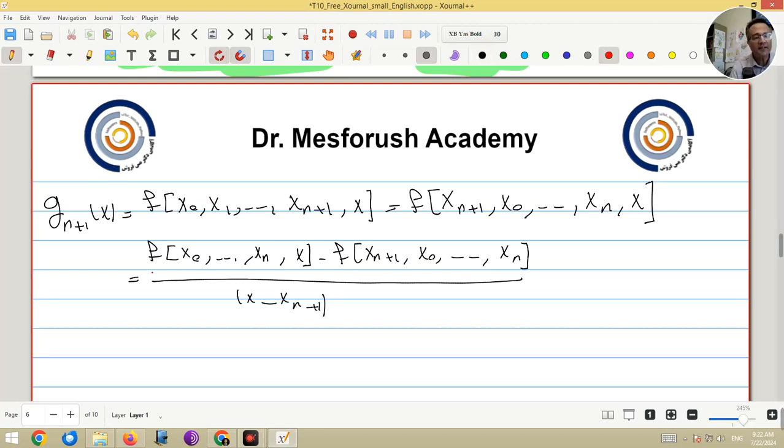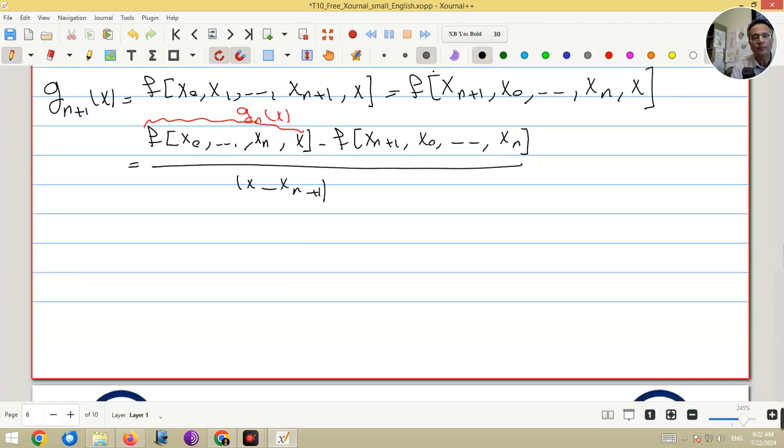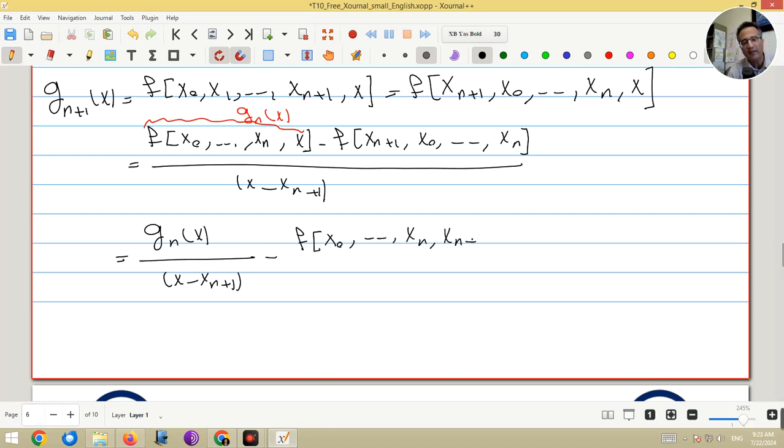Now by the definition of g, this is equal to gn(x). So let me split the fraction: gn(x) over x minus xn+1, minus f, and I move xn+1 to the last place again, f[x0, ..., xn, xn+1] over x minus xn+1.